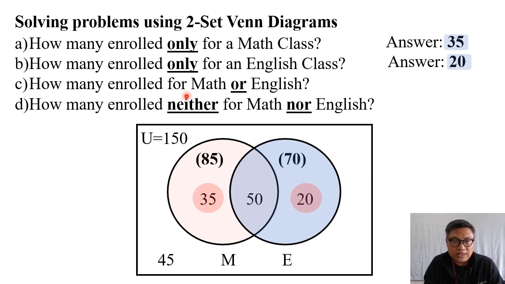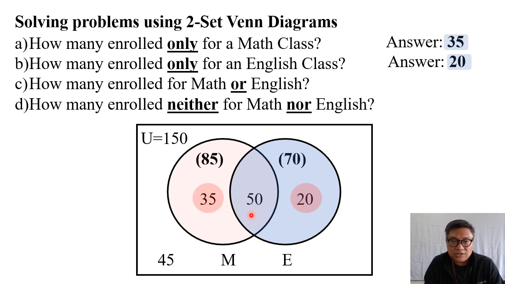For the third one, it says here, how many enrolled for math or English? So the word or, class, means that those freshmen who had math as their subjects enrolled in math, or those who have English class, or could it also mean math and at the same time English. So in this case, I have 35 who have math only, I have 20 who had English only, and still I have 50 who have both math and the English subject.